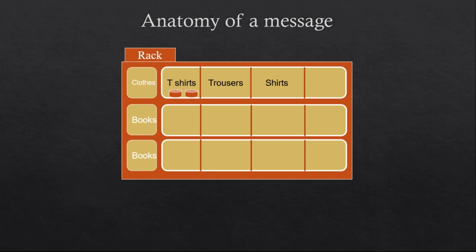He doesn't need to guide the other person to go check in the first compartment of the first rack and get that t-shirt. He doesn't give the address or location of that specific t-shirt. In the same way, if he has to get some book, he will just communicate the book name, but not the location of the book, because everyone at home knows the location of that particular element or entity.